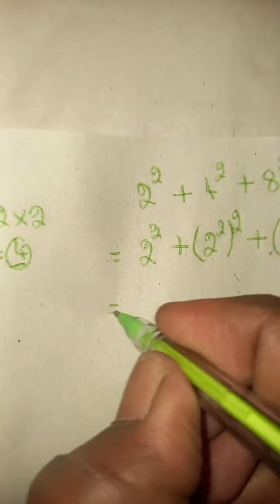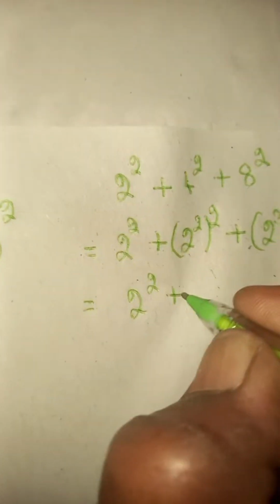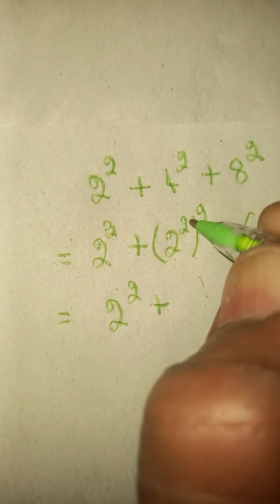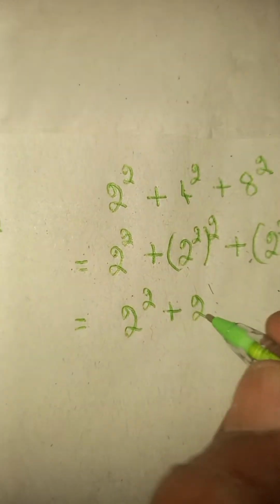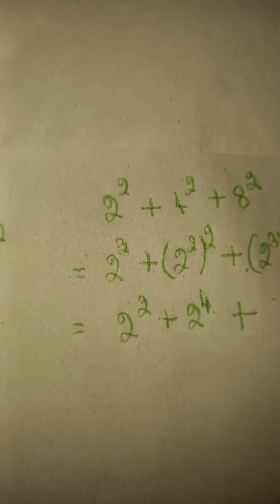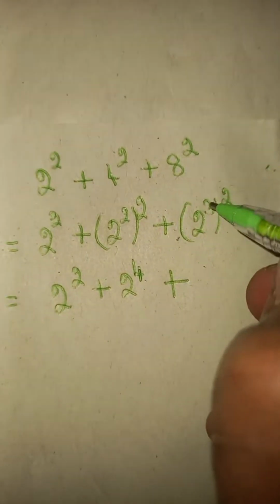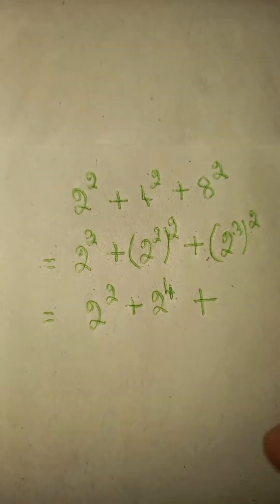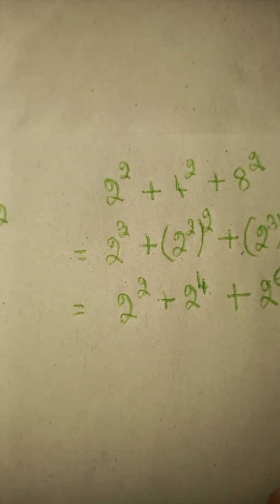You're going to get 2 square remains as 2 square, and here these two get multiplied. 2 times 2 becomes 4, so it is 2 power of 4, plus this thing, that is 2 cube. Here 3 and 2 get multiplied. 3 times 2 is 6, so it is 2 power of 6.